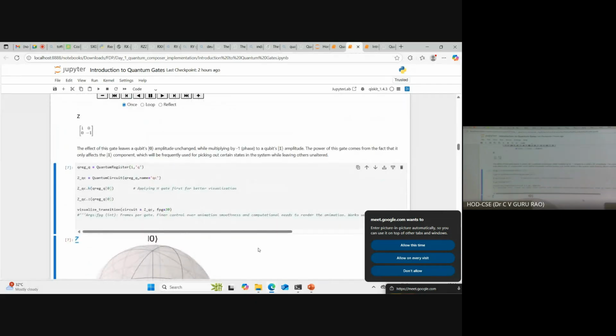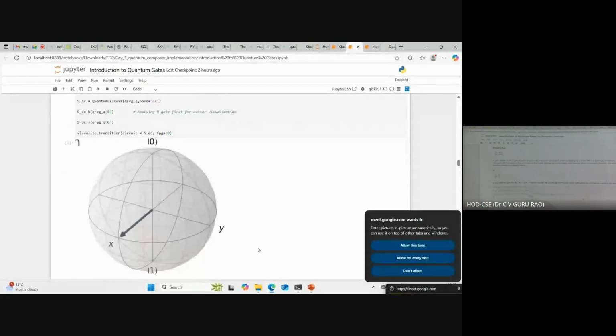Okay, that's it from my side. I also have many other gates, the visualization of those gates, but those are rotations along the x-axis, so I can show you those as well. So this is a rotation.